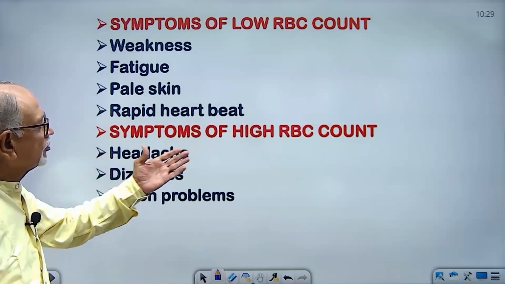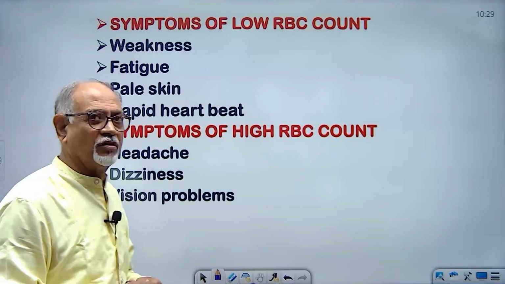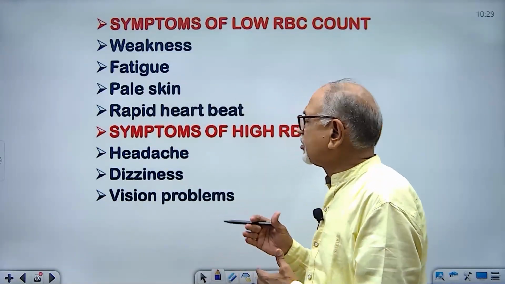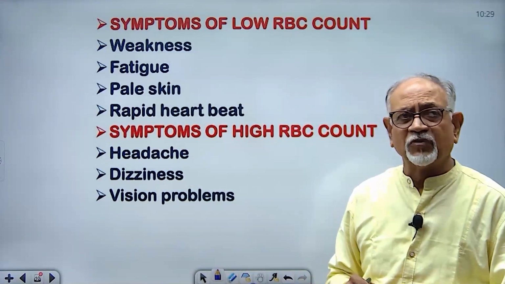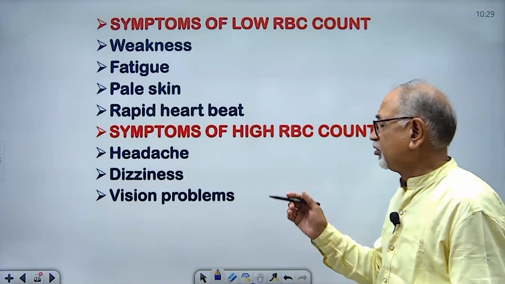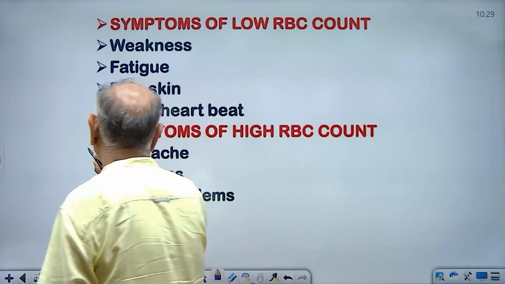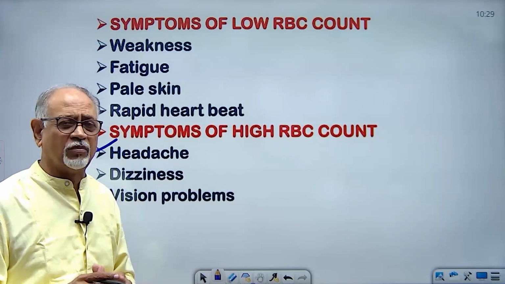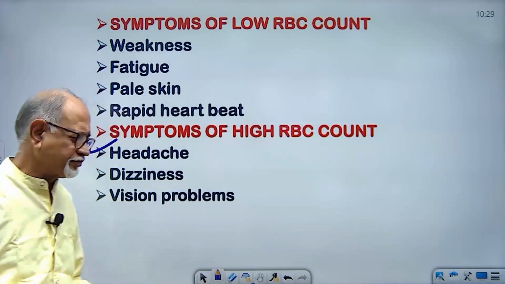Then symptoms of high RBC count. If there is a high RBC count, then what are the symptoms? So number one is headache, dizziness, and there may be some problem in the vision.